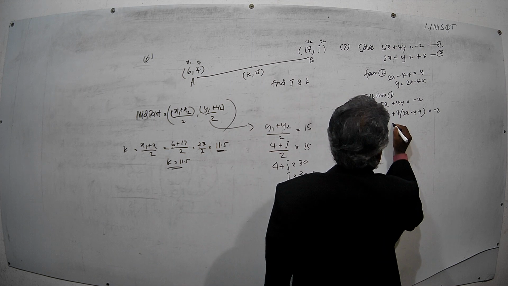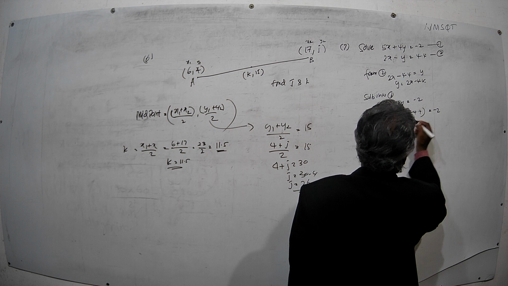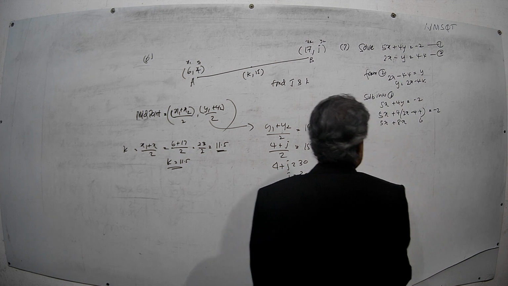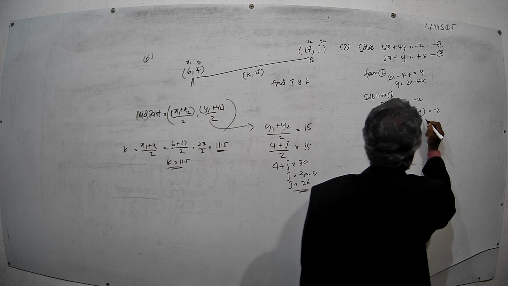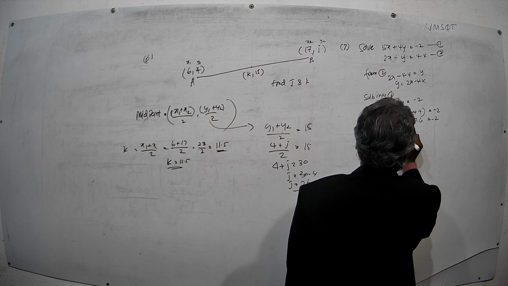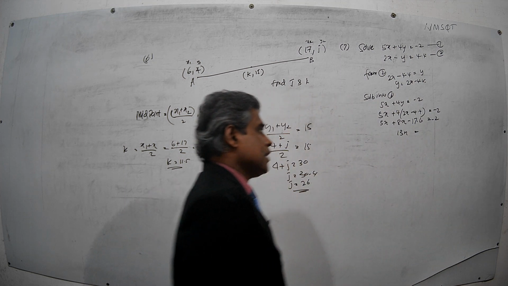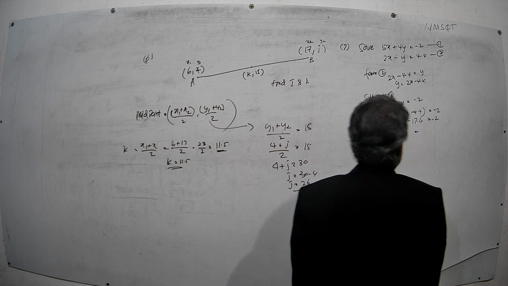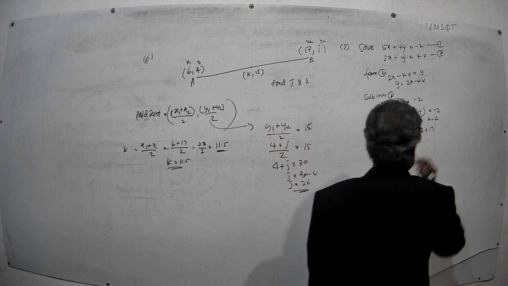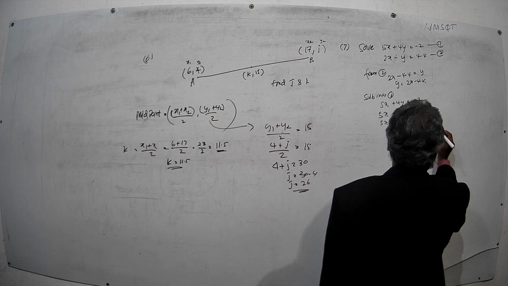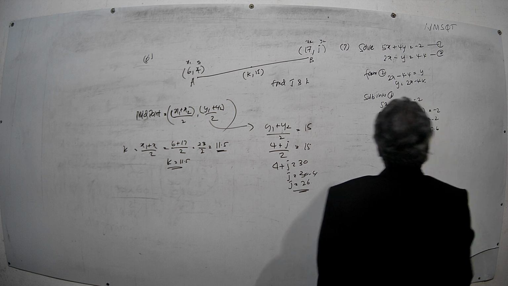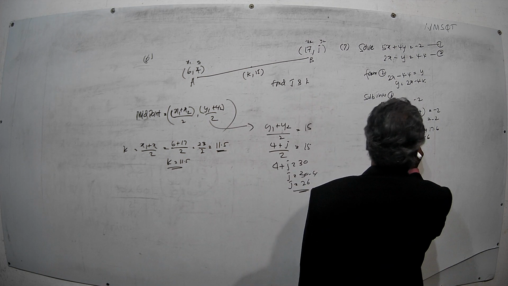Now remove the brackets: 5x plus 8x, then minus 4 times 4.4, which is 17.6, equals -2. 5x plus 8x is 13x. Take the 17.6 to the other side, so it becomes plus 17.6: 13x equals 15.6.